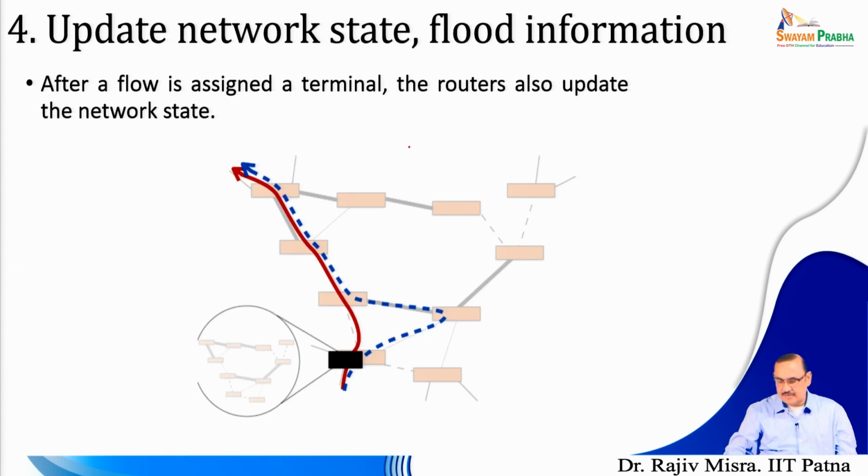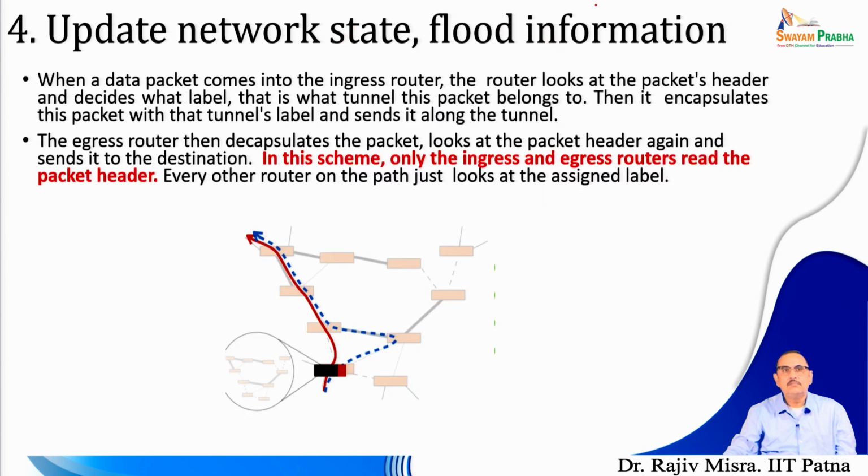Now, the fourth one is that it will update the network state and flood the information. So, after the flow is assigned a tunnel, the routers also update the network state. When a data packet comes into the ingress router, the router looks at the packet's header and decides what label it gets, that is, what tunnel this packet belongs to.